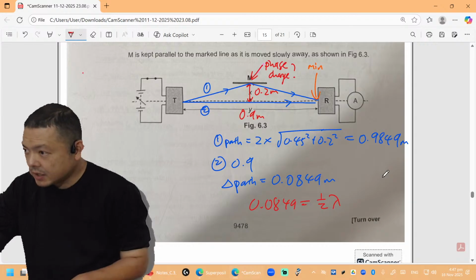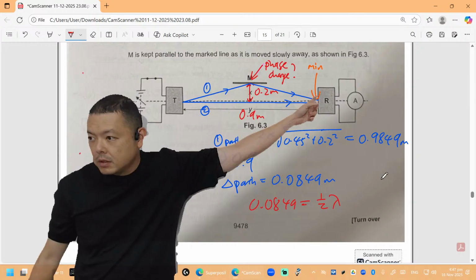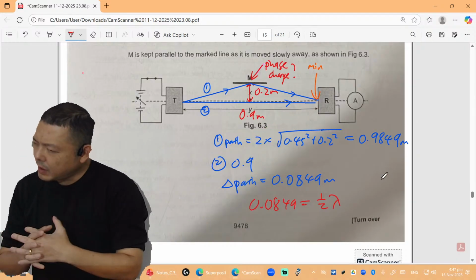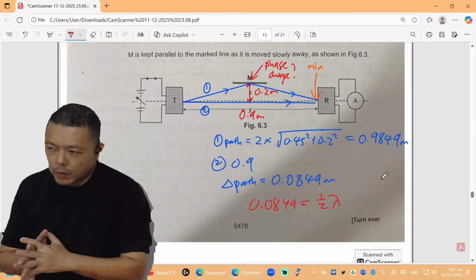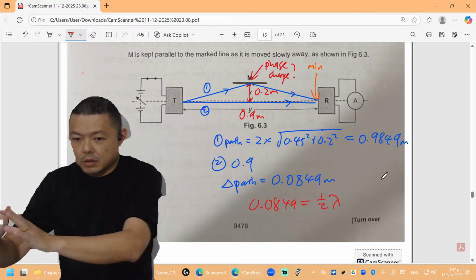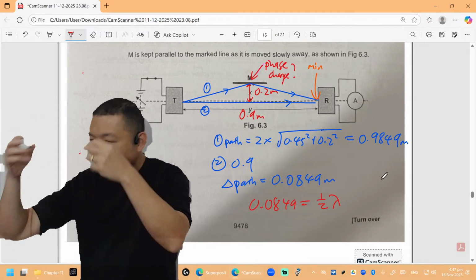So there's phase change. If there's phase change here, how do you get a minimum? Plus 1, where does this plus 1 come from? Plus 1 what? Plus 1 meter, plus 1 wavelength? No. You don't have to think about the n plus half lambda. You're thinking of it in equation. Don't think of it in equation.